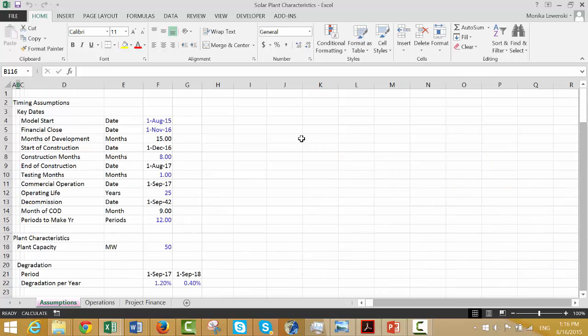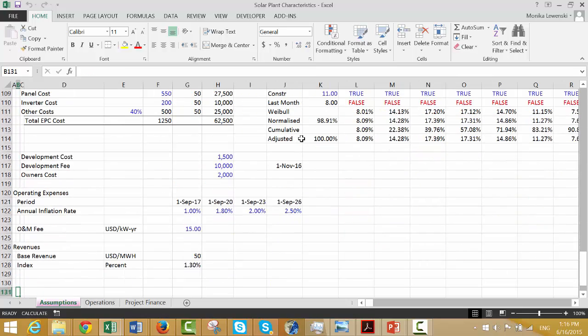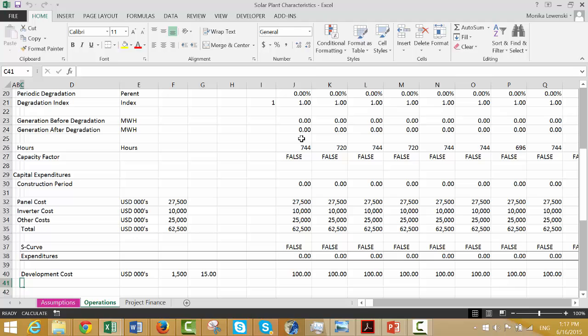And then let's also get the development fee, which I'm not even going to put in for right now. That's financial game playing. Let's put the owner's cost, though, and let's assume the owner's costs occur on a level basis over the construction period.